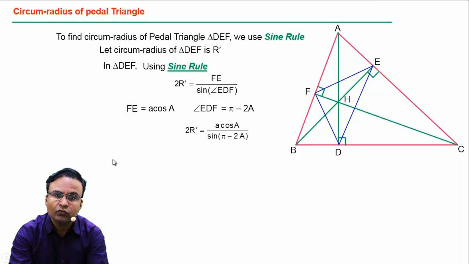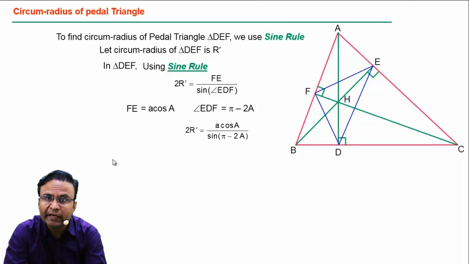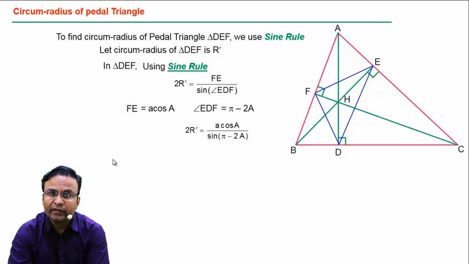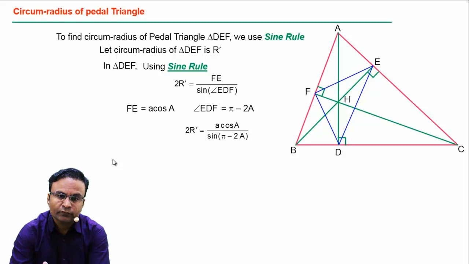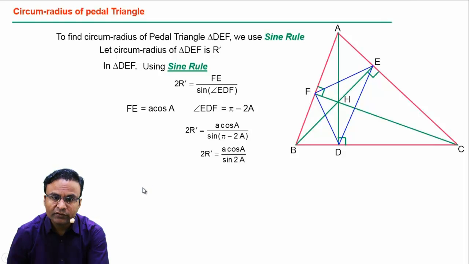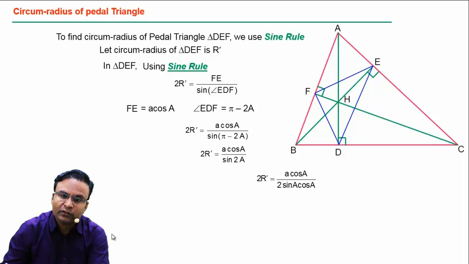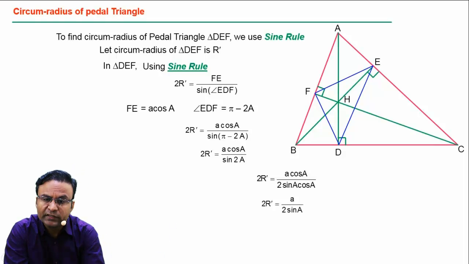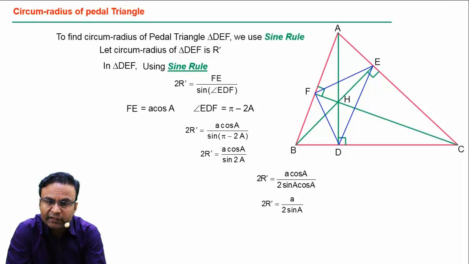So we have 2R dash is equal to a cos A upon sine of pi minus 2A. What is sine of pi minus 2A? It is sine of 2A. And we can further break sine 2A into 2 sine A cos A. Further, how do we simplify? Cos A gets cancelled out. So we have 2R dash is equal to a upon 2 sine A.